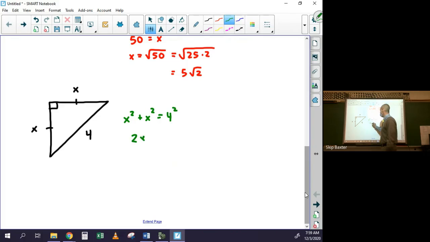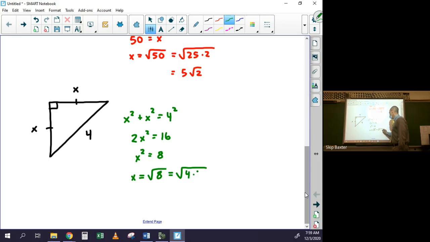So this is 2x squared equals 16. x squared equals 8. We divide by 2. So x is the square root of 8. And again, that's simplifiable. What's the biggest perfect square that divides evenly into 8? 4. This would be 4 times 2. So this would be 2 radical 2. So this is 2 radical 2, and this is also 2 radical 2.